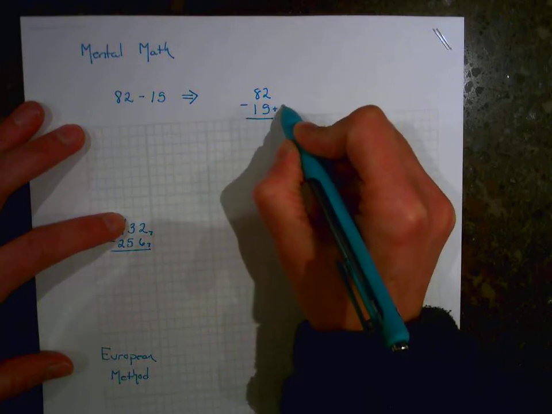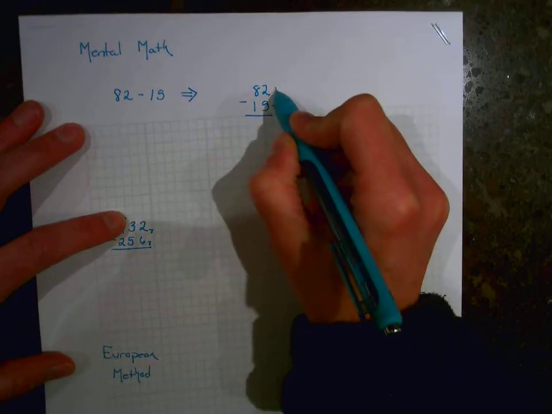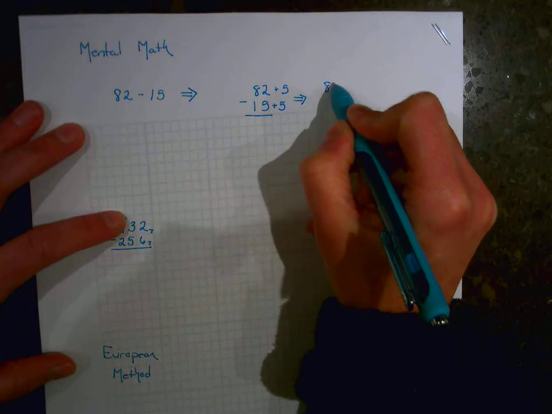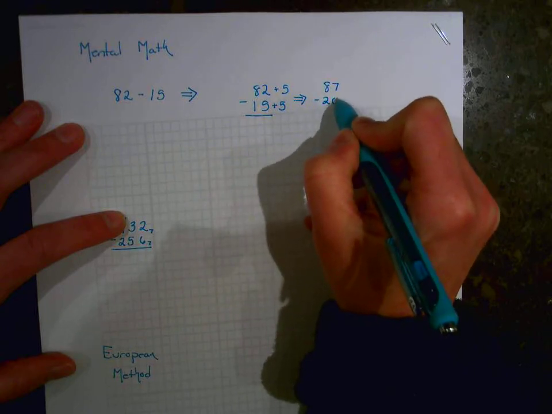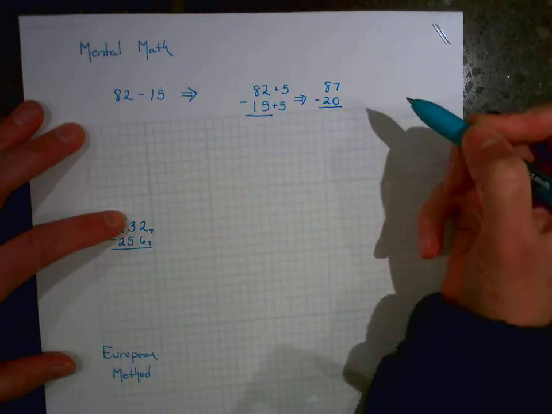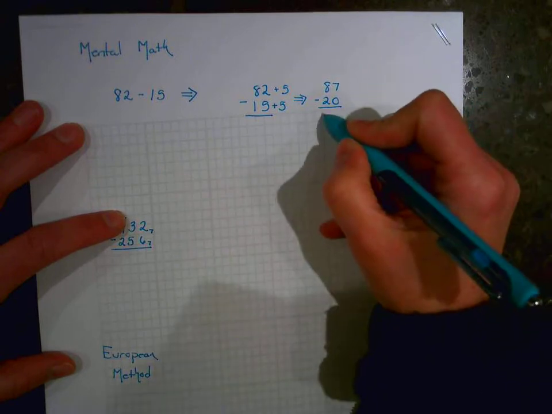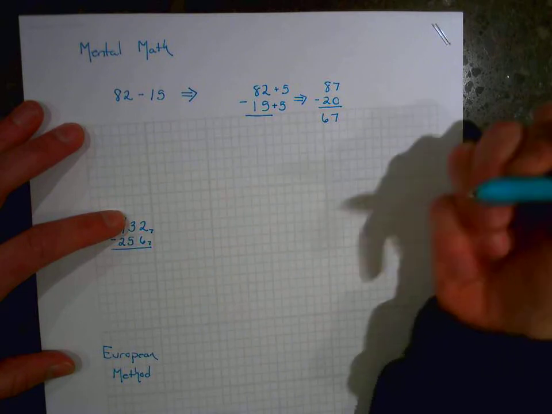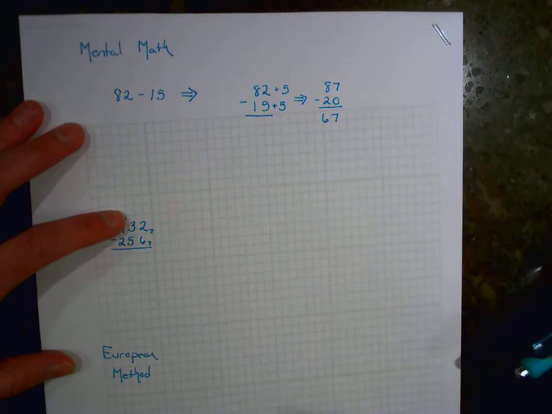So if I add 5 to the bottom, I've got to add 5 to the top. That changes the problem to 87 minus 20. And then it's a real simple subtraction problem, really easy to do. I don't need to regroup, borrow, or carry over. It's just something these kids can do in their heads, mental subtraction.